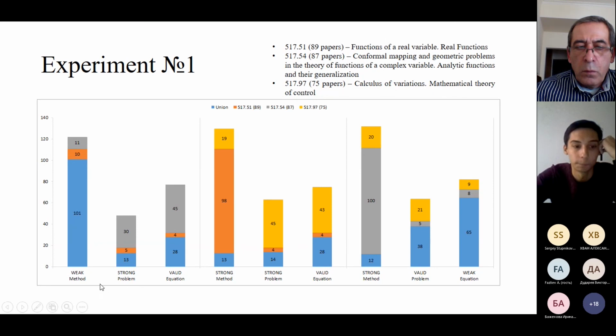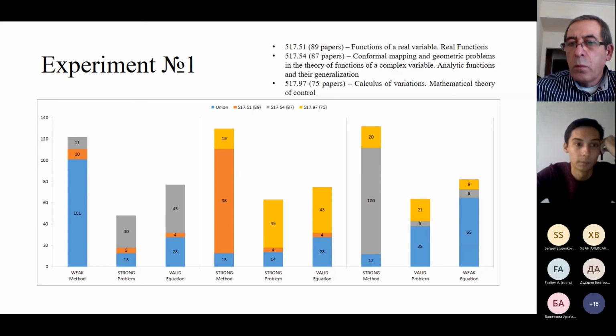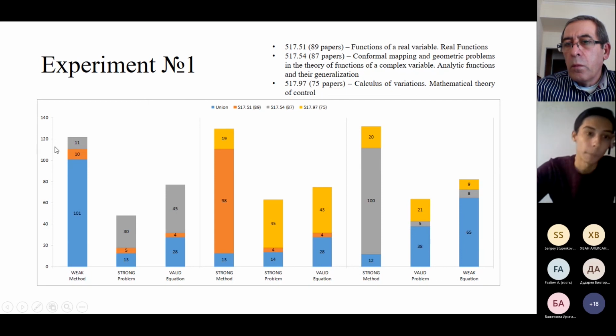На нижней оси отмечены экспертные классы и значения нашей функции оценки. Синий цвет – это количество общих методов, уравнений и проблем. Оранжевый цвет – это уникальные представители экспертных классов для коллекции с подкодом 51, серый цвет – для коллекции с подкодом 54.